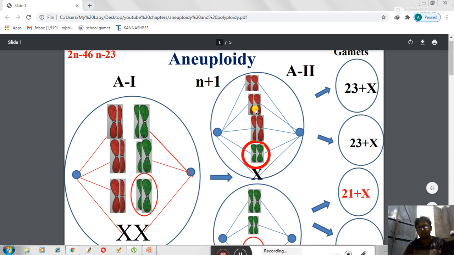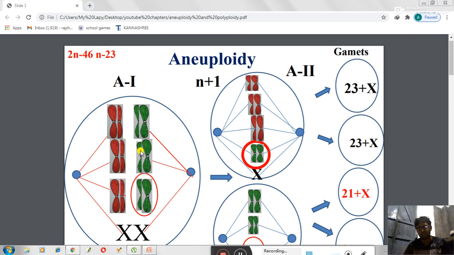Here there are 8 chromosomes, 4 pairs. So after the first round of meiosis 1 division, each cell should contain 4 chromosomes. But here you carefully notice that this chromosome is not attached to a spindle fiber.